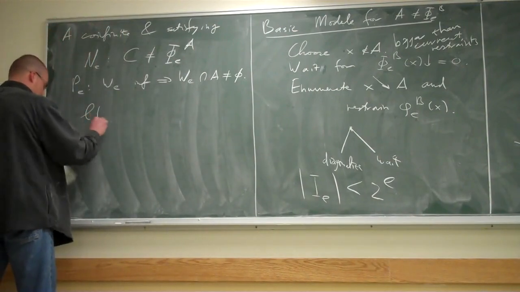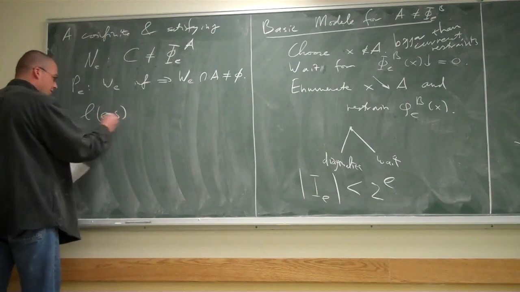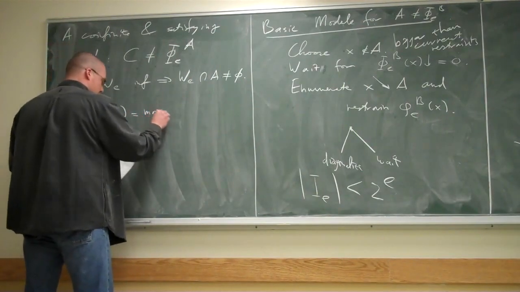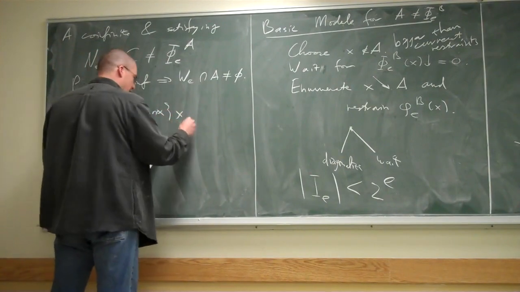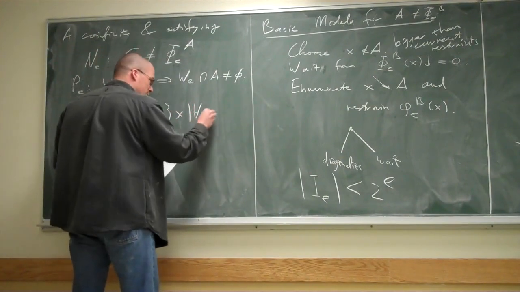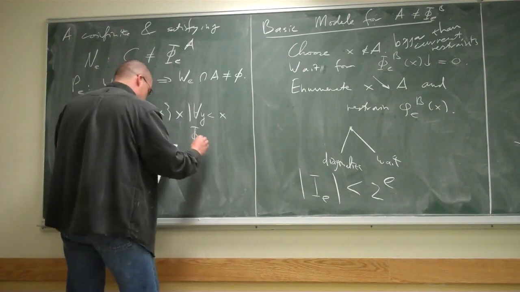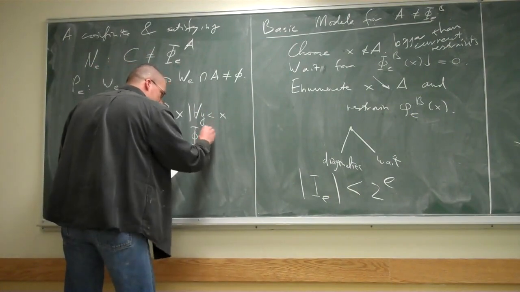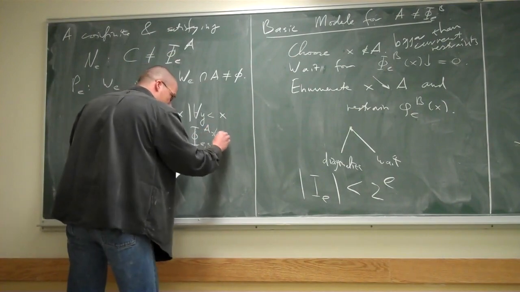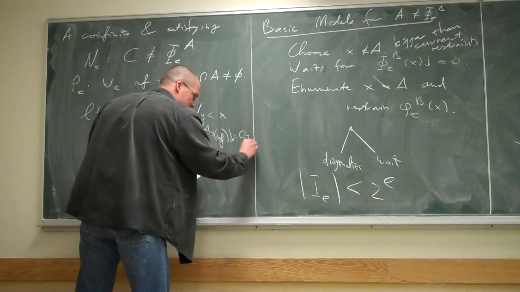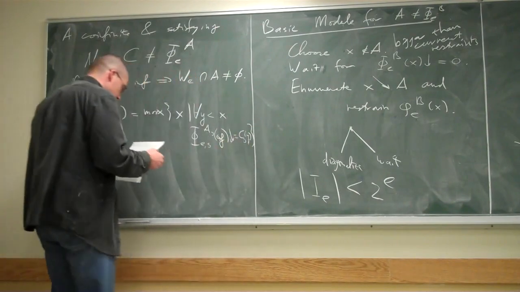Well, so we define the length of agreement at stage s to be the maximum of x such that for all y less than x, φ_{E,s}^{A_s}(y) converges and is equal to C_s(y).